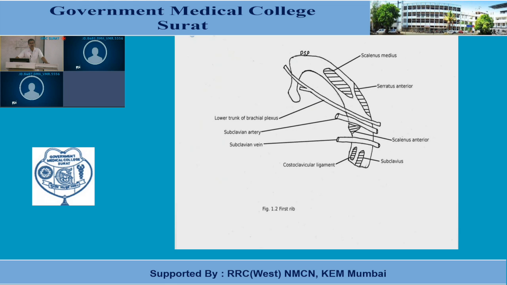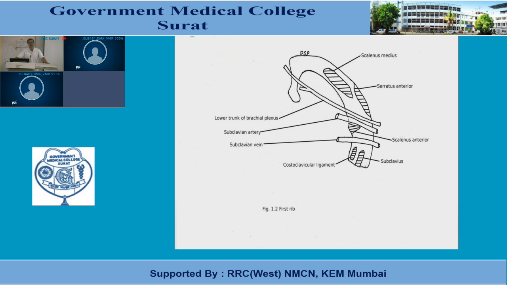Posteriorly, it shows one rounded head which articulates with the body of the first thoracic vertebra. This first rib is flat. It shows outer border and inner border, and two surfaces, upper surface and lower surface.